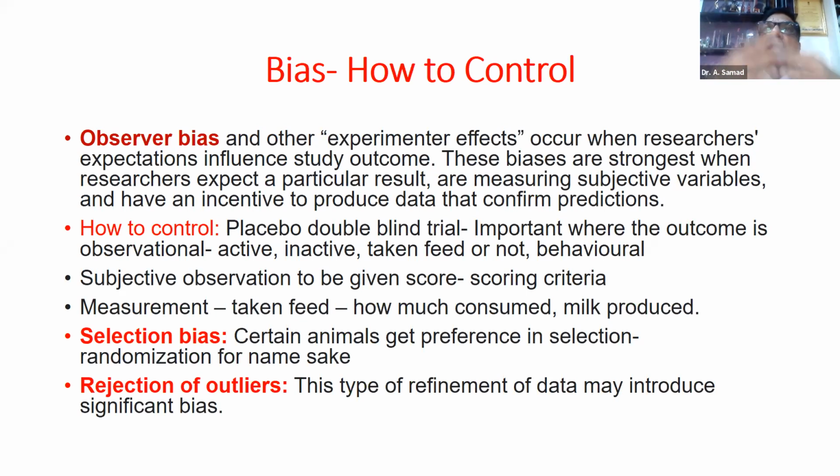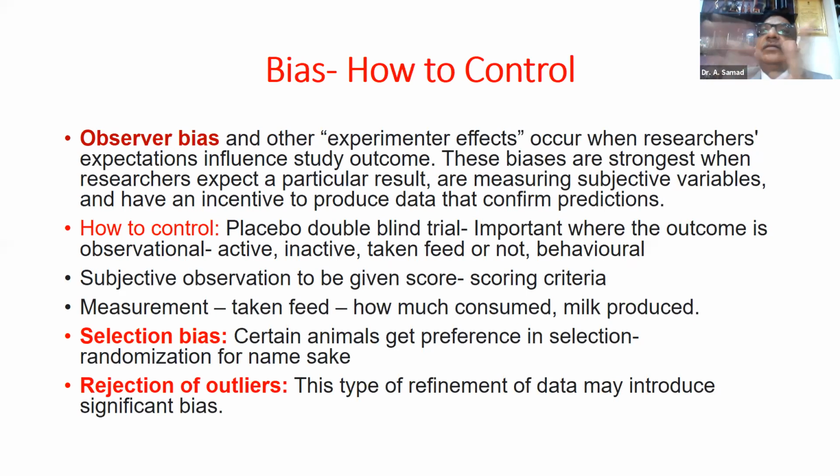And if the animal is not active while recording, because of that preconception, he'll record that it is moderately active, it is active. So instead of having subjective data which is collected, give a measuring scale. You can have a scale that, okay, look for this, if it is this much, score this much, and then a total score is given. So that also reduces a lot of individual variability.